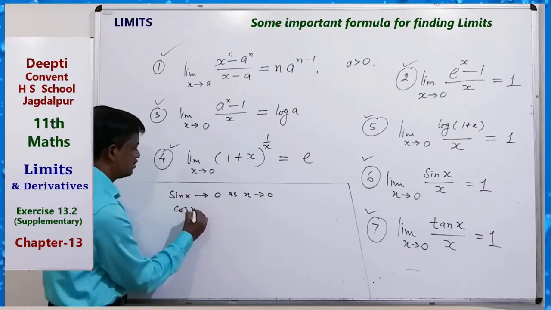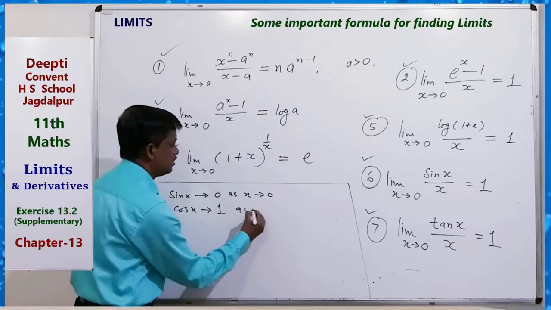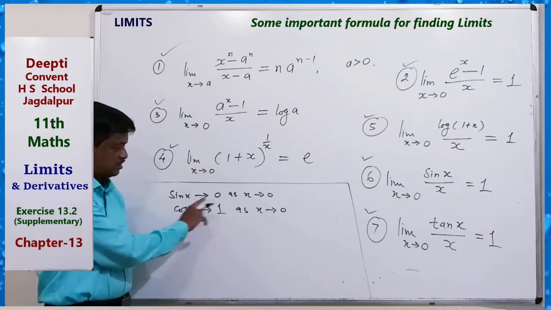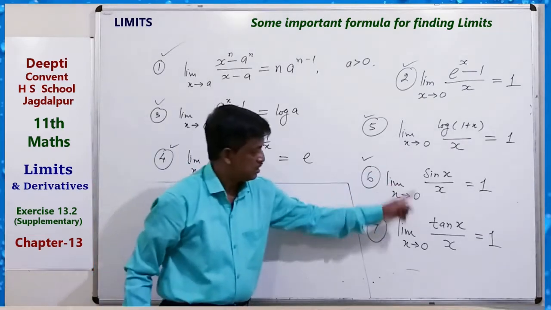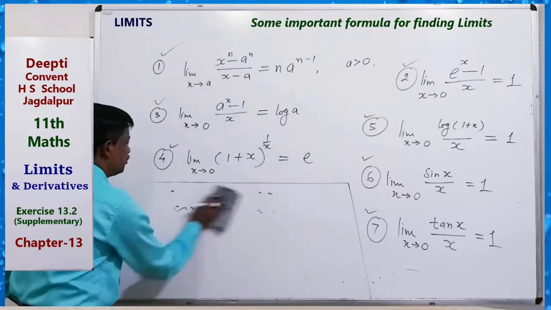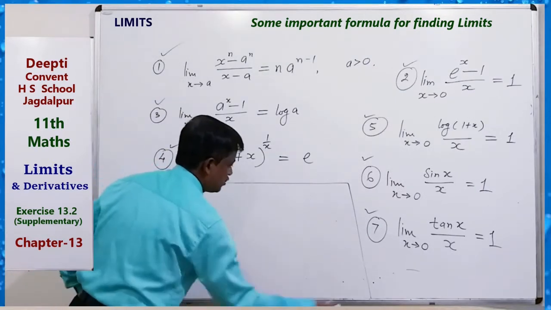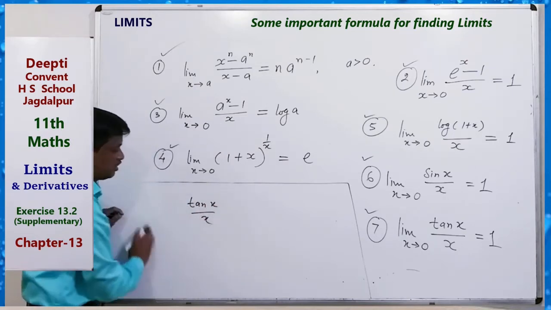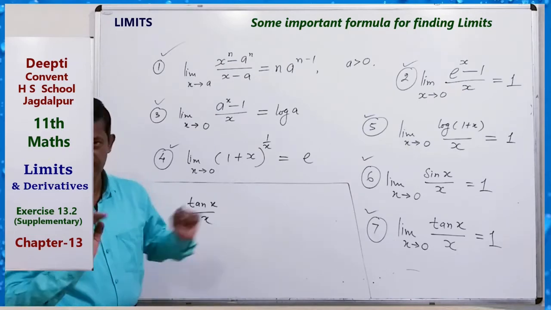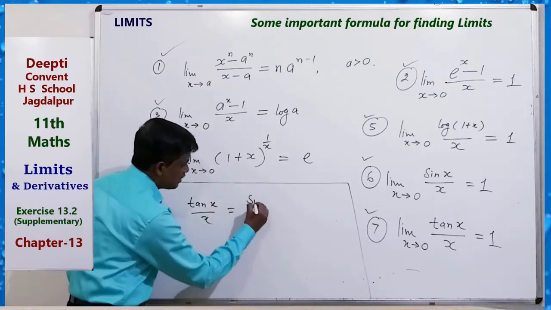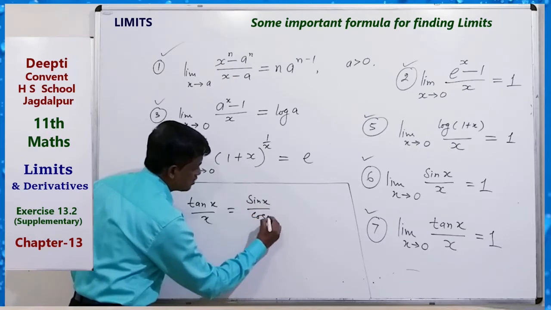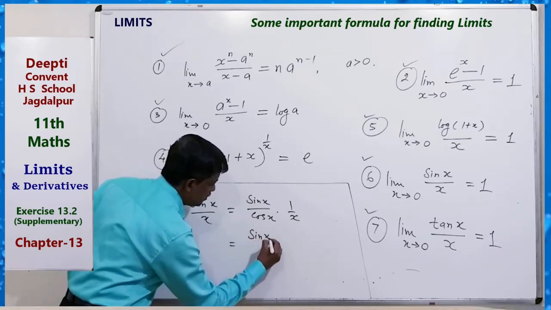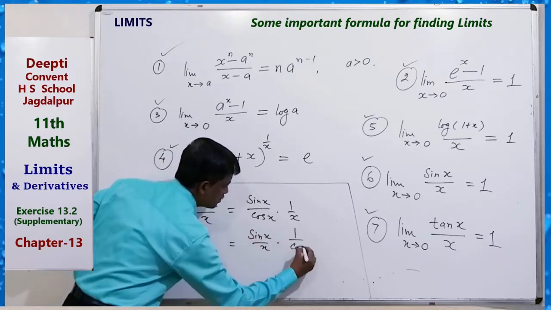Similarly, cos x tends to 1 as x tends to 0; cos 0 equals 1. From this you can find the tan x by x limit, also 1. How? We have to find the limit of tan x by x as x tending to 0. This can be written as sin x upon cos x into 1 by x, so sin x by x into 1 by cos x.